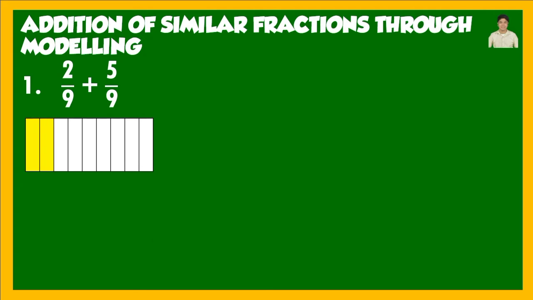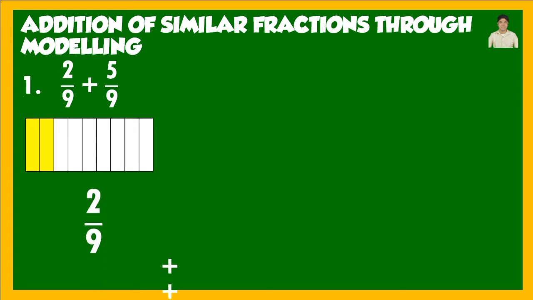So using model, rectangle po ang gagamitin natin. Yung una natin fraction is 2/9. As you can see, yung ating rectangle is divided into 9. And then yung shaded portion niya is yung first 2. Kasi 2/9.